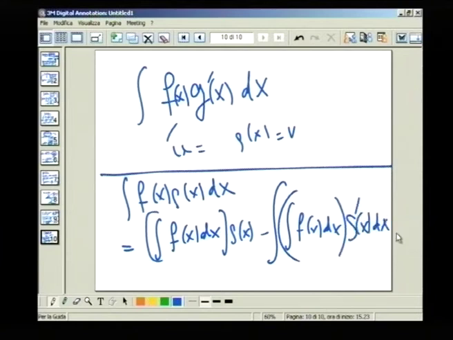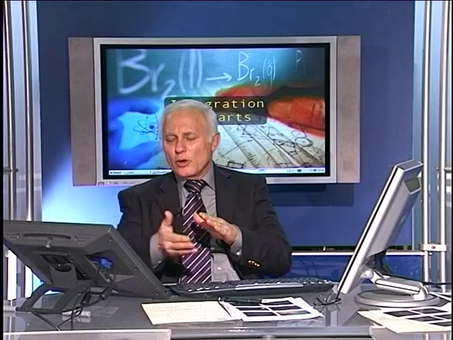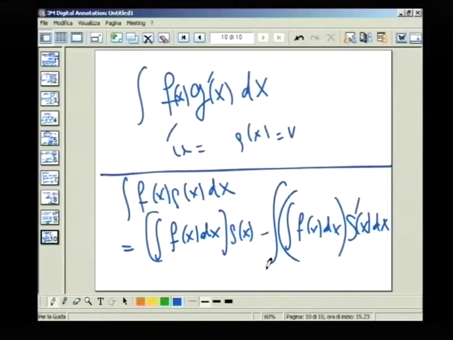And usually you choose the one that you are going to differentiate as a power of x, for example x to the power n. When you choose x to the power n, g dash will be smaller in degree. And you keep doing this until you deplete all the powers of this algebraic function, and with this you have attained the simple way of dealing with integration by parts.